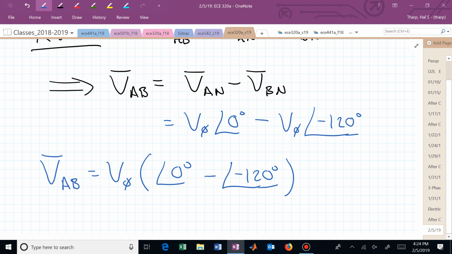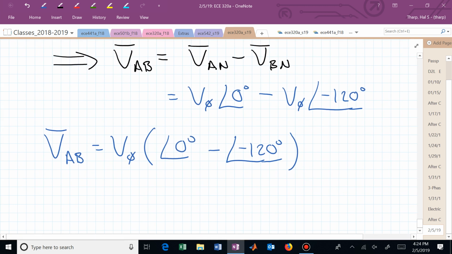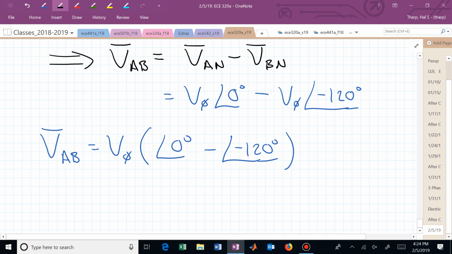You can look at these however you want, but this is now 1 at 0 degrees, which is e to the j 0 degrees if you wanted to think of it that way. And this one is just e to the minus j 120 degrees. And you can now use Euler to find those.